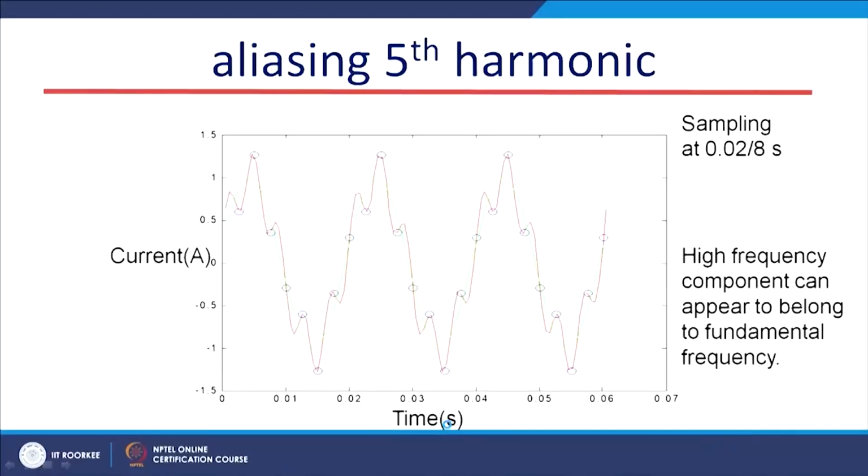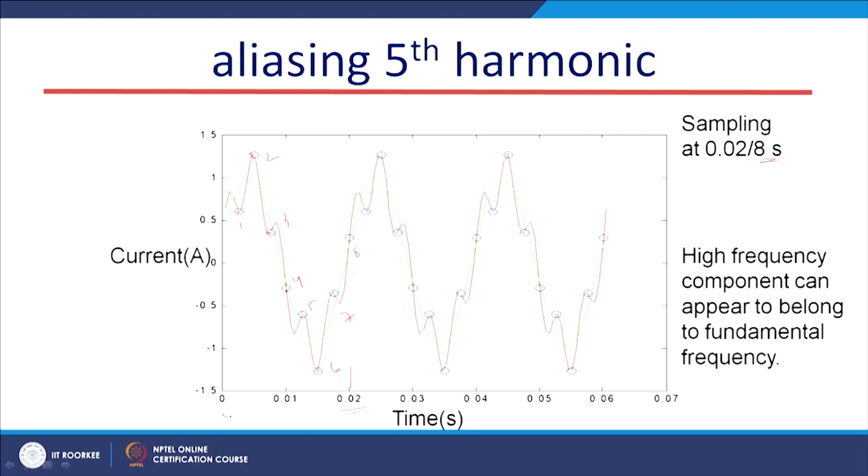If you take a fifth harmonic component which is merged with our fundamental frequency, and I am sampling at a rate of 8 samples per cycle, you can see here the samples we have taken: 1, 2, 3, 4, 5, 6, 7, 8. Here our cycle ends, 0.02 second means 1 cycle.